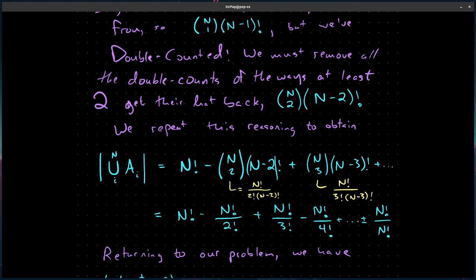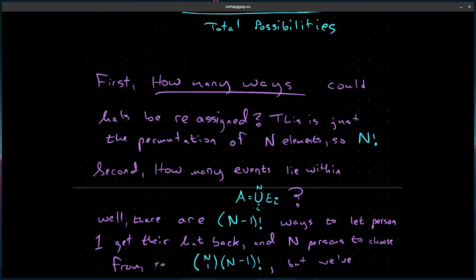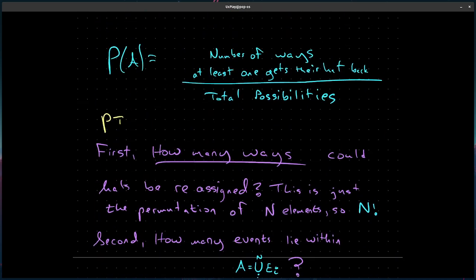Let's see if I can slide over here. So the principle of inclusion-exclusion is that oftentimes we'll have a situation where we want to count the union of events.